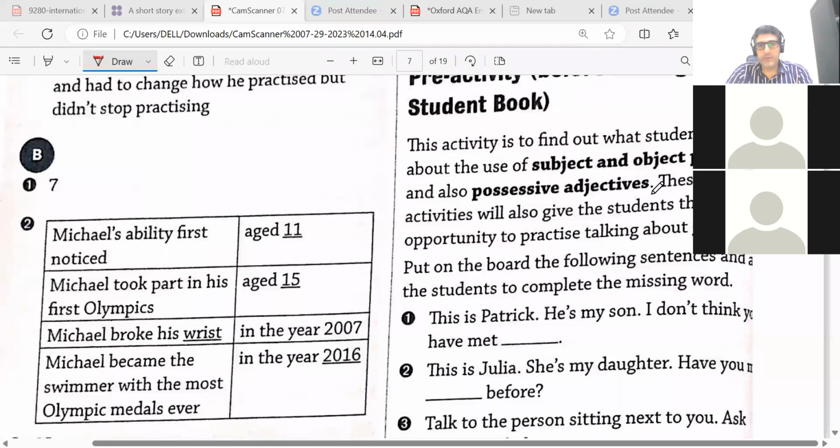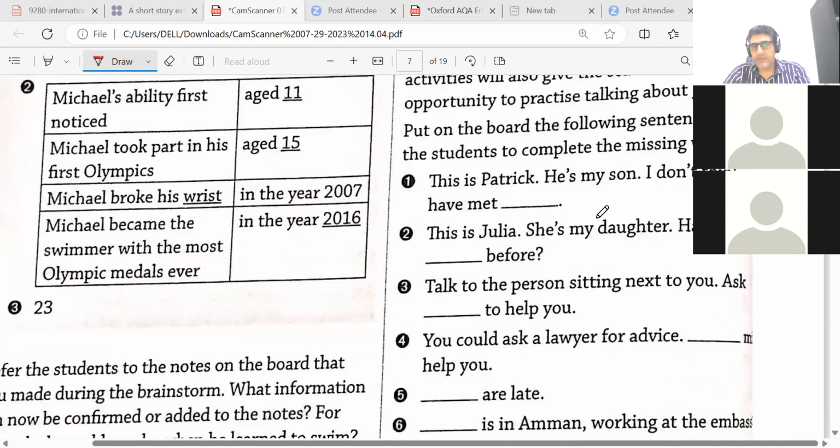Okay. So here, ya shabab, read the statements and complete the missing pronouns using subject and object pronouns, possessive adjectives, right? The first one. This is Patrick. He's my son.